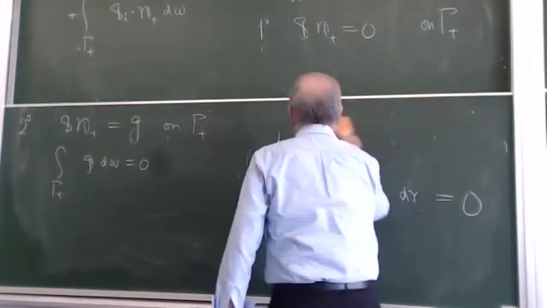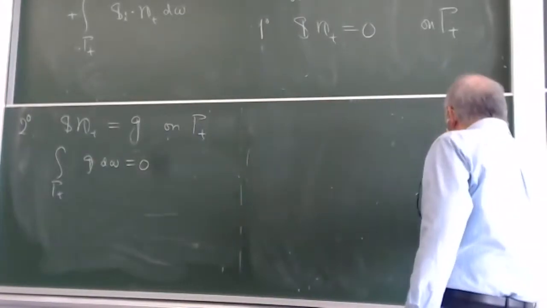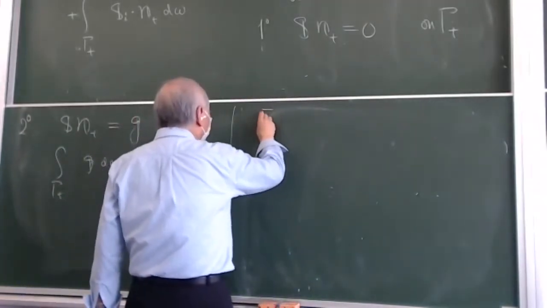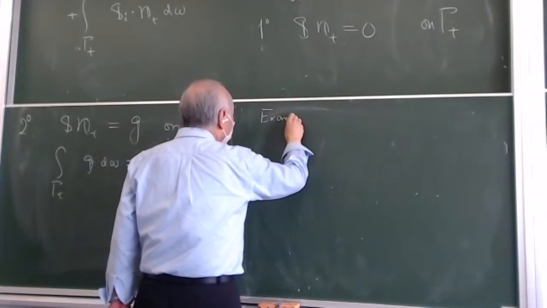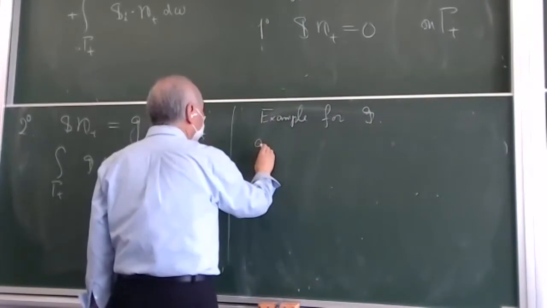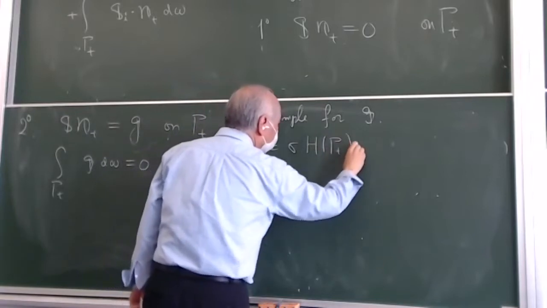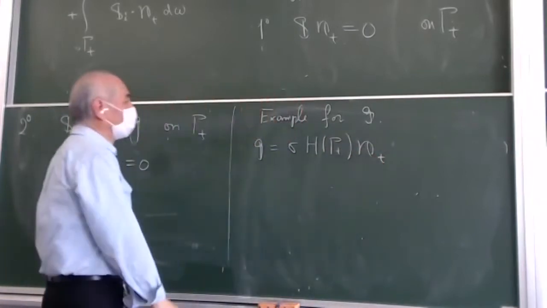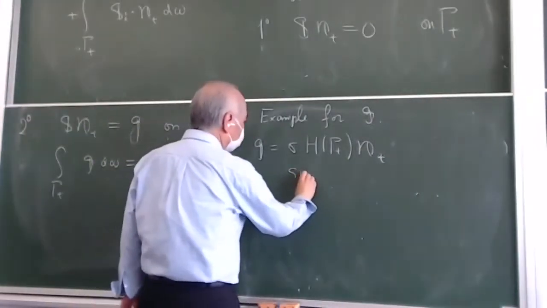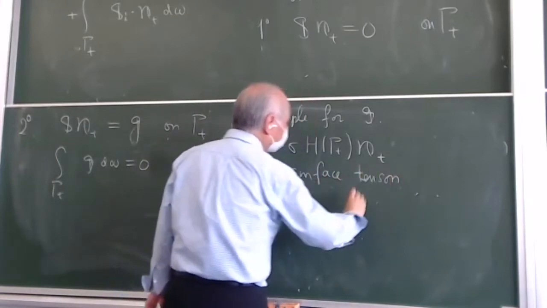Then, what is a typical G? It is surface tension. There are different ones, but for the typical example, G is a surface tension, denoted by sigma.